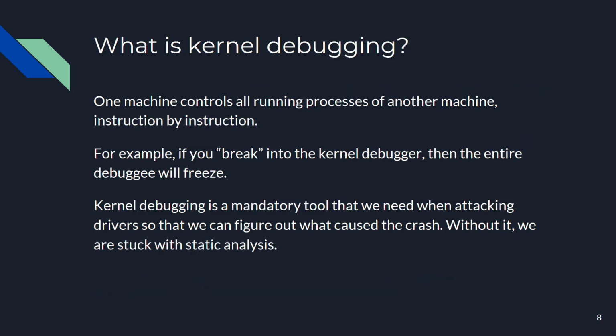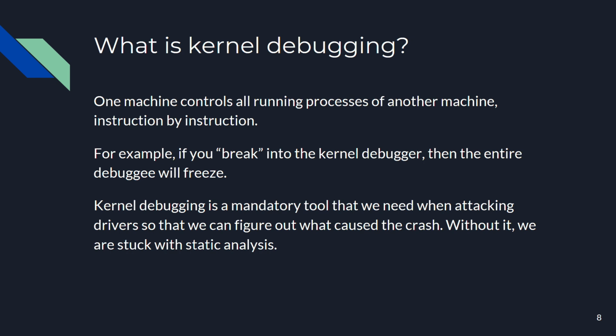Windows has a tool called WinDBG, or WinDebug, that allows you to take control of the kernel of another machine so that you can run instruction by instruction, like a user mode debugger. You're going to have two computers sitting next to each other, or on the same physical machine using VMware or some sort of virtualization software.